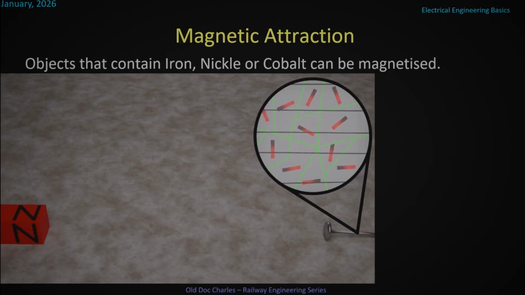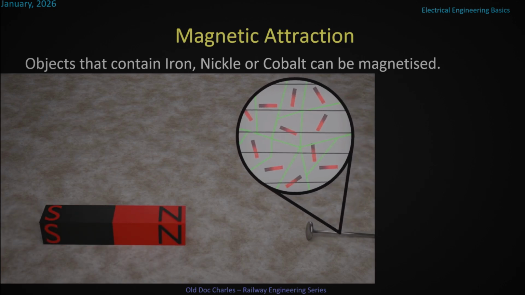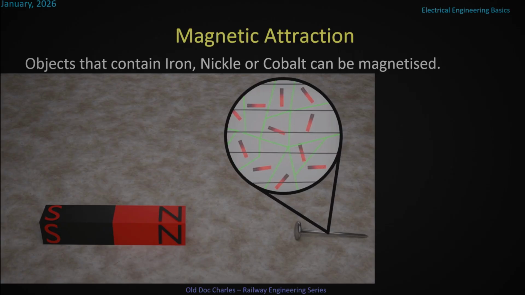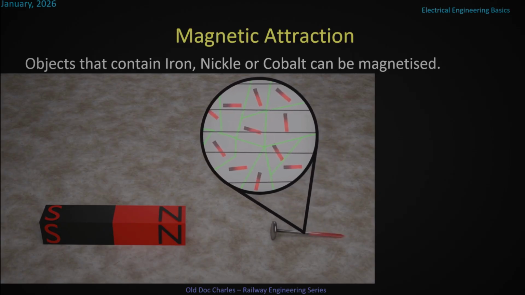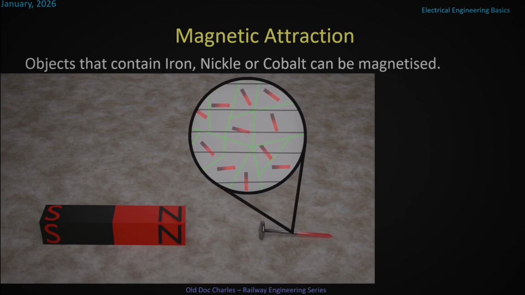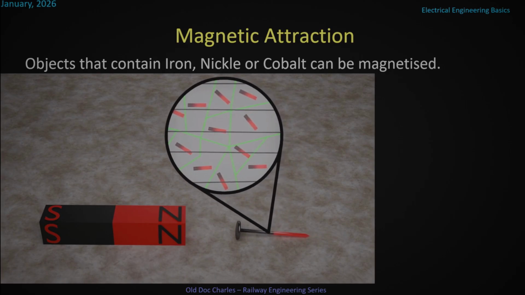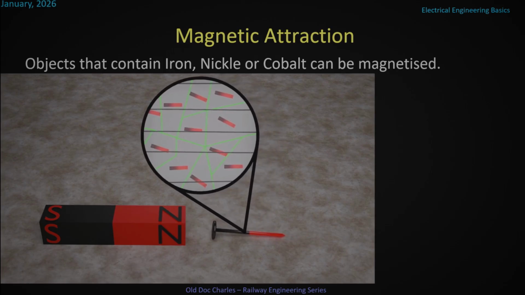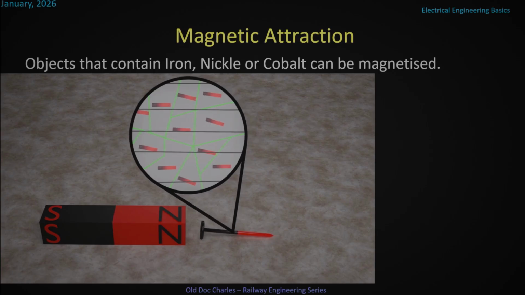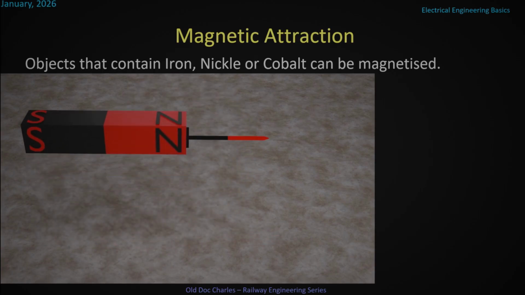When a magnet is moved towards the nail, its magnetic field starts to interact with the individual magnetic domains in the nail, and they begin to line up, which attracts it to the magnet. The magnetism builds up until the nail is fully magnetized, and the nail and magnet stick together.